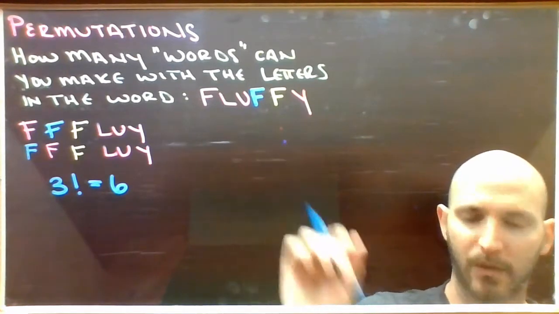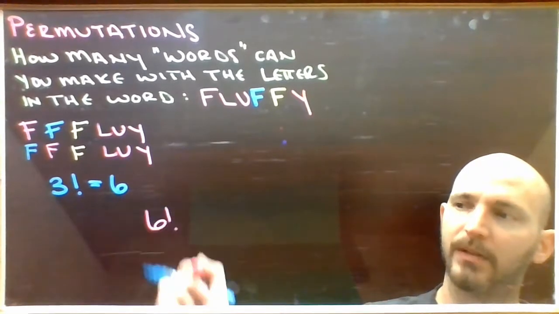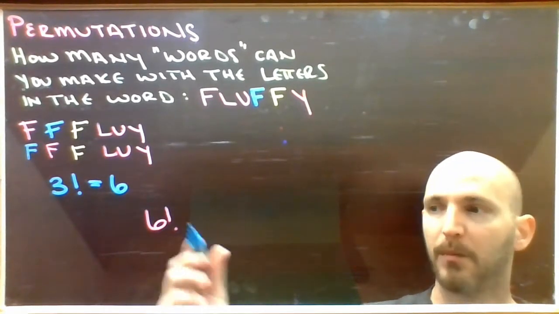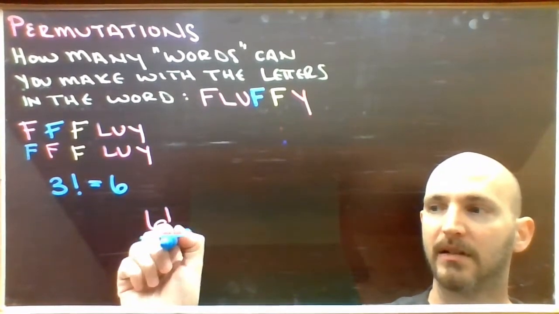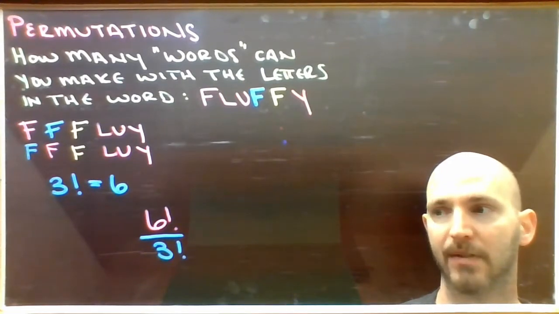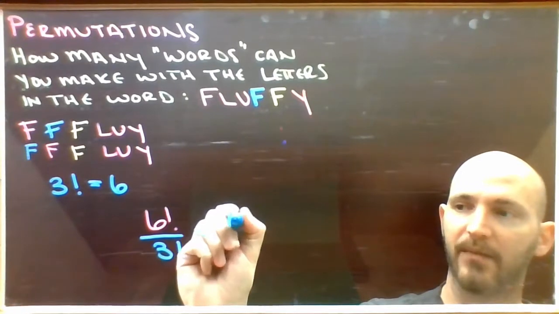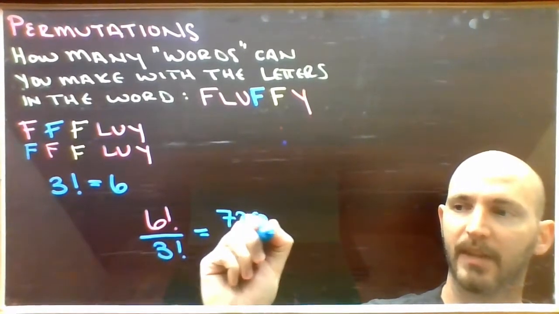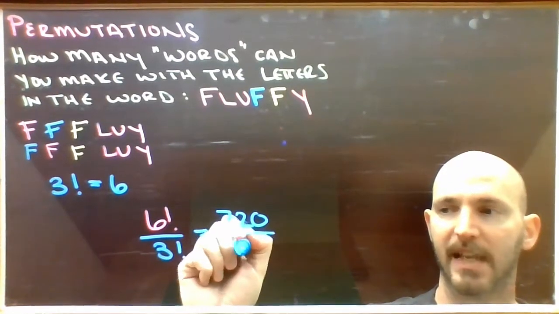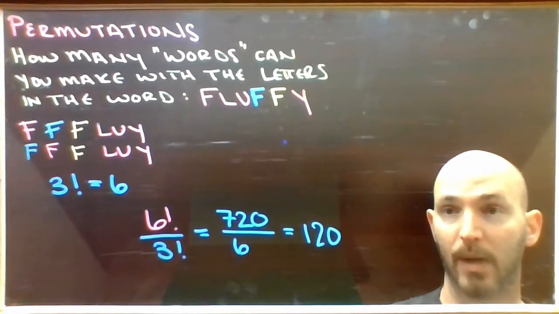So in the word fluffy, there should be 6 factorial shufflings because there are 6 letters. But then I have to eliminate 3 factorial worth of repeated letters. So if I put that in the calculator, 6 factorial is 720. And 3 factorial would be 3 times 2 times 1, which is 6, for a total of 120 different ways.